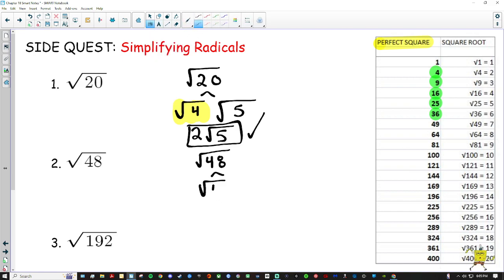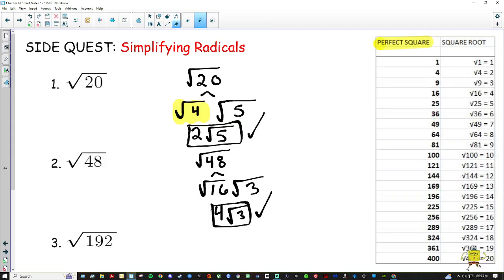Square root of 16. Square root of 3. The square root of 16 is 4. So I'm going to change this into a regular old 4. The square root of 3 can't be divided by anything, so I leave it. And this is simplified. Done.